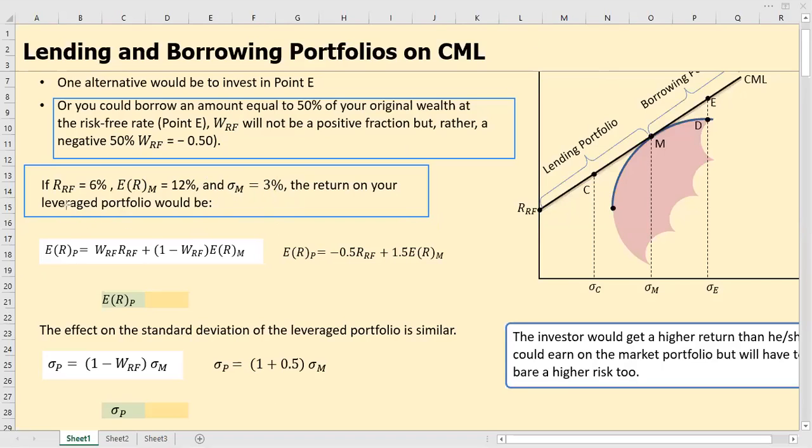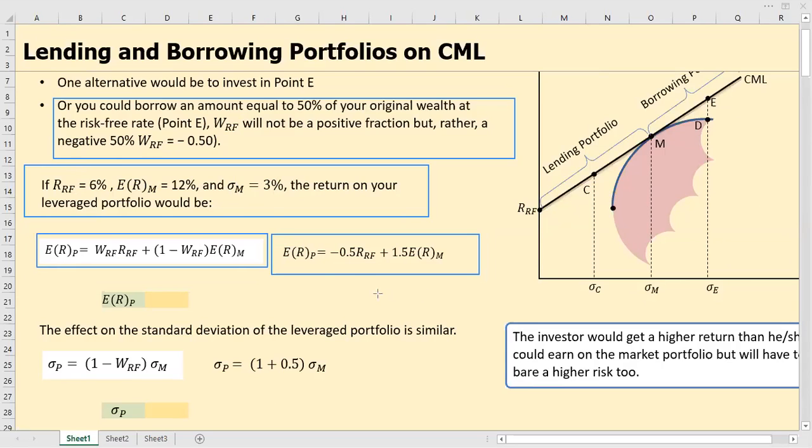The return on your leveraged portfolio is actually the borrowing portfolio, right? So we are going to calculate that. Okay, so these are the equations we have. We already know these equations. We already discussed those things.